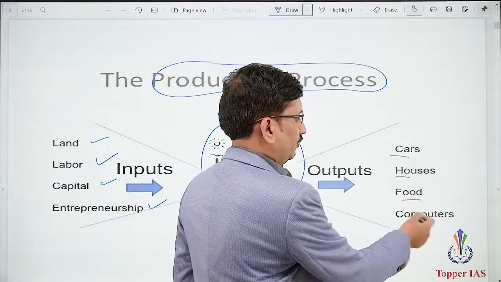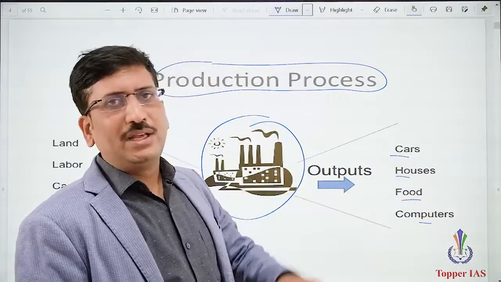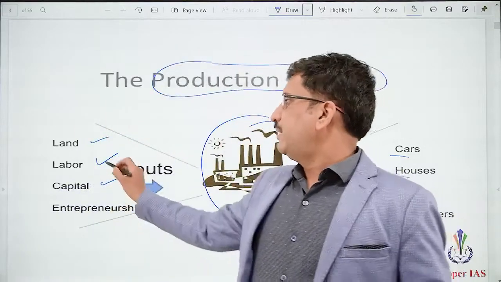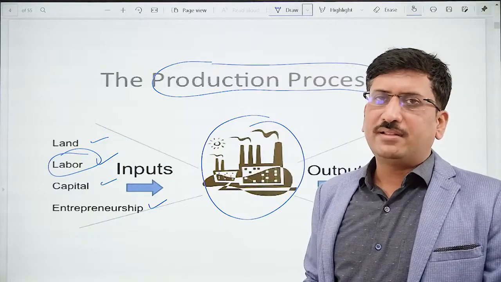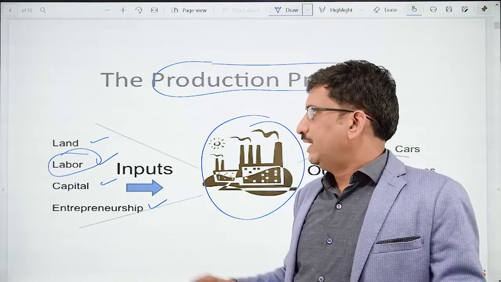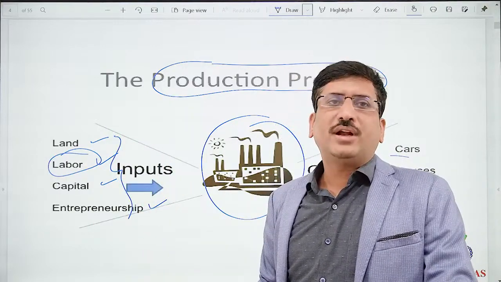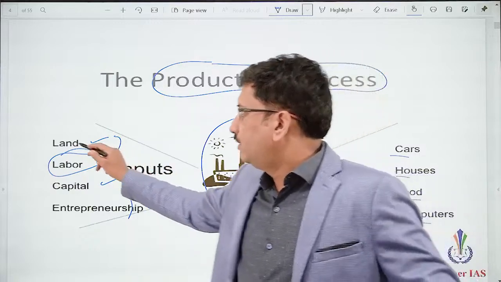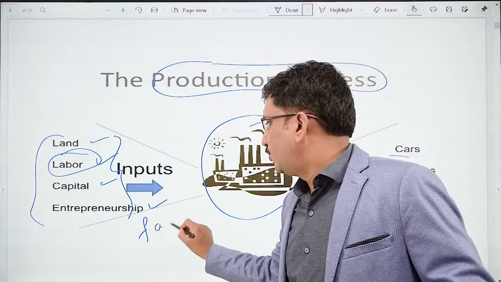It may be a car, house, food, computer, whatever. But if it is not properly used, a country may have too much manpower, but unemployment is there, nobody has a job. How will the output come? So it depends upon how we use these factors of production. We call these four factors the factors of production. What do you mean by that?